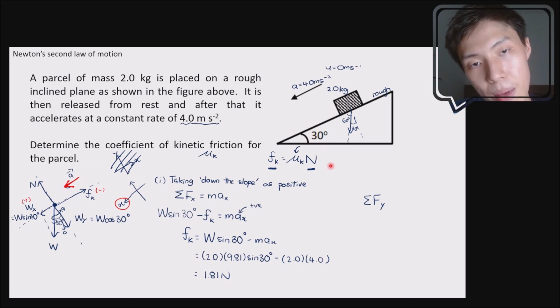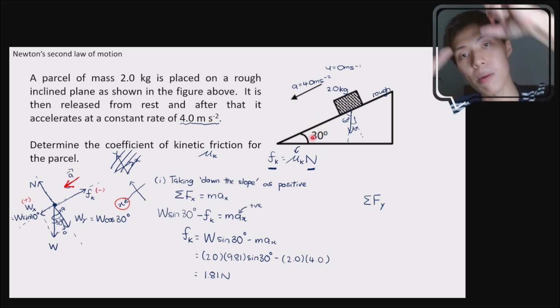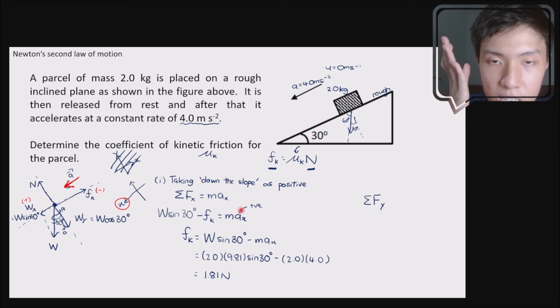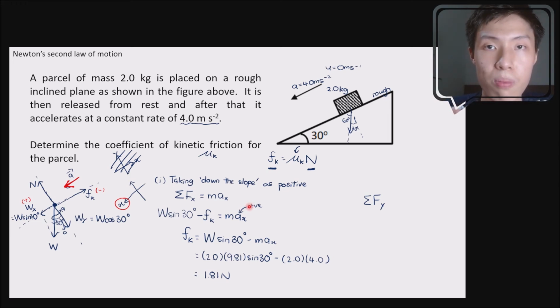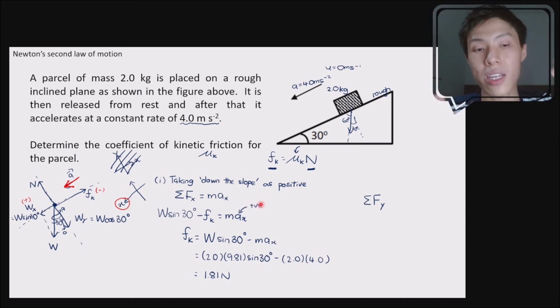But in the y dimension, you see the object never moves up or moves down, right? So technically, if you just focus on the y dimension, it is only at rest in the y dimension. It never accelerates upwards, never accelerates downwards. It stays at rest in the y dimension.